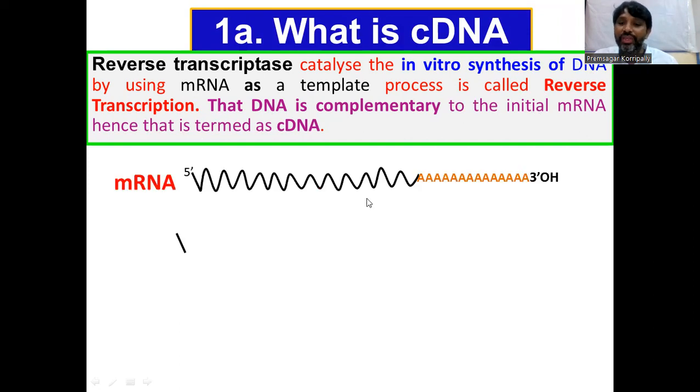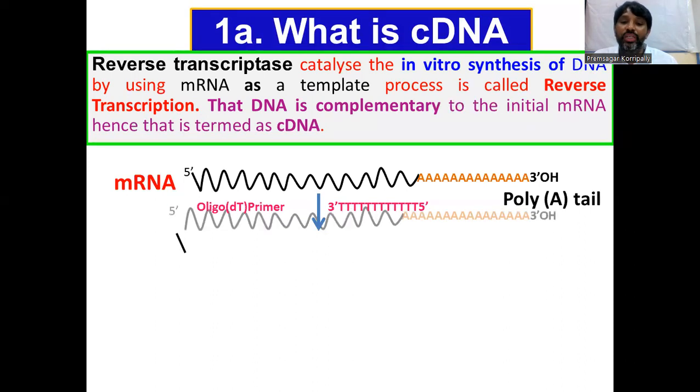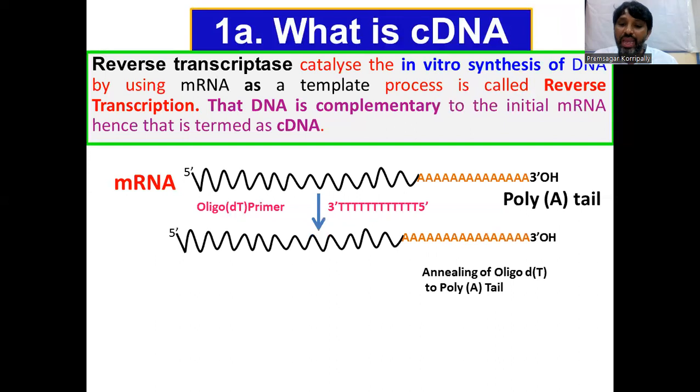You can see here, this is a eukaryotic mRNA, which has the poly A tail, which is incubated with the oligo dT primer, reverse transcriptase and dNTPs. The oligo dT primer will anneal to the poly A tail of mRNA.